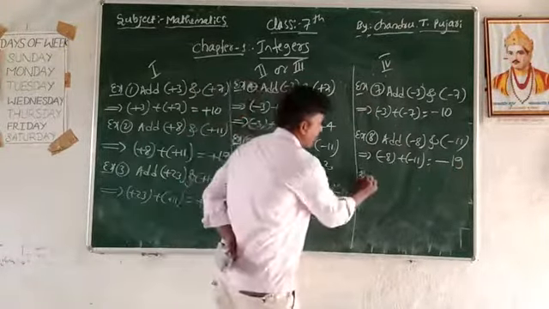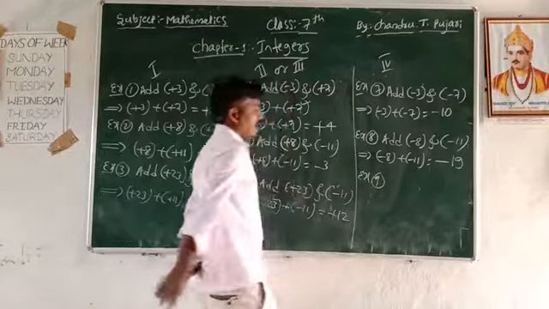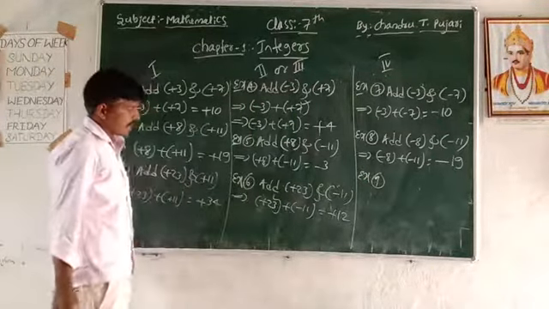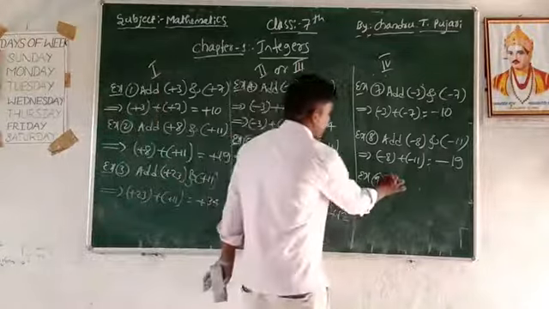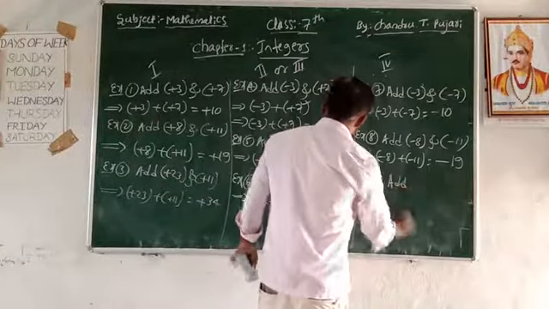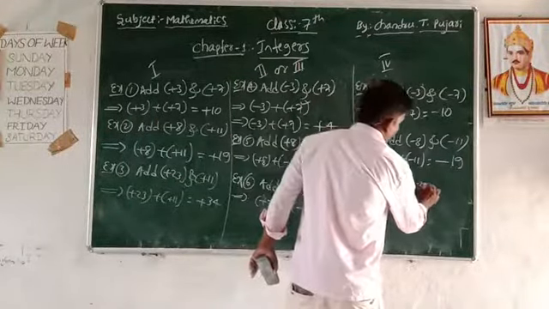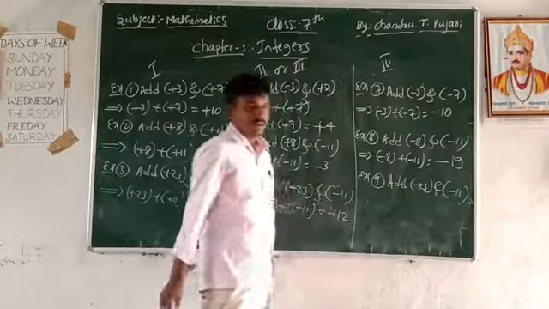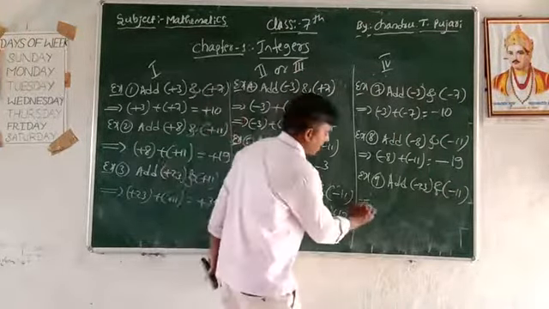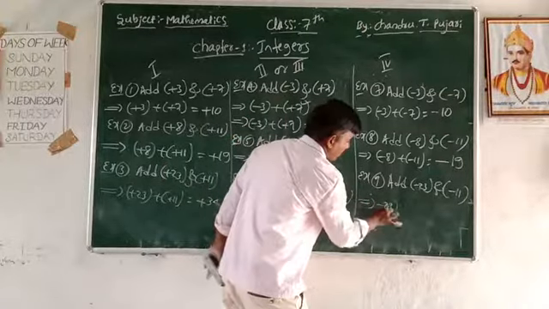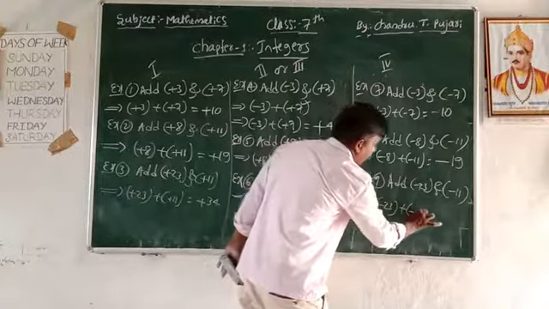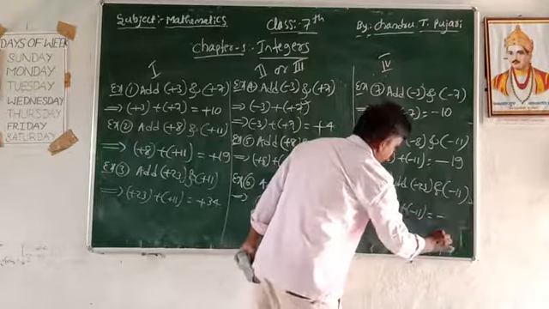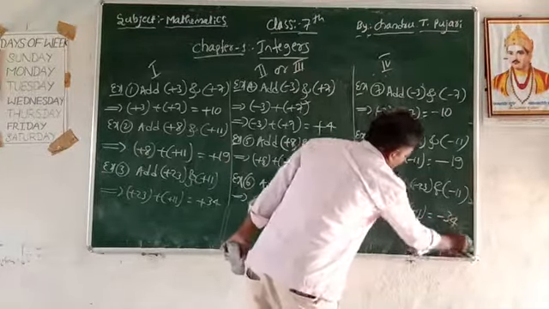Example 9. Again the same numbers, add minus 23 and minus 11. Again the same, therefore minus 23 plus minus 11 is equal to minus 34.